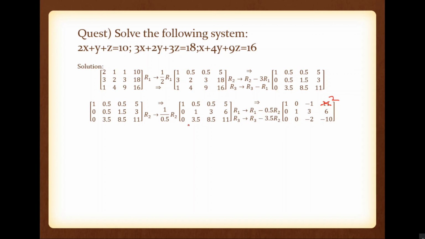That is not modified. Then third row is 0, 0, minus 2, minus 10. So remaining things are correct, right? Okay. So now we are going to perform the third elimination. So this one is the augmented matrix that we have to consider: 1, 0, minus 1, 2; 0, 1, 3, 6; 0, 0, minus 2, minus 10.